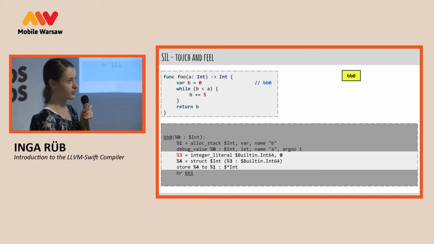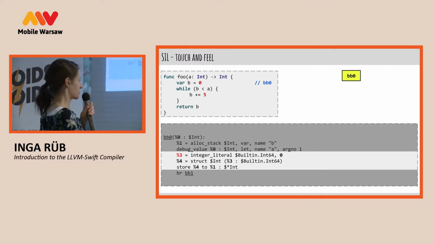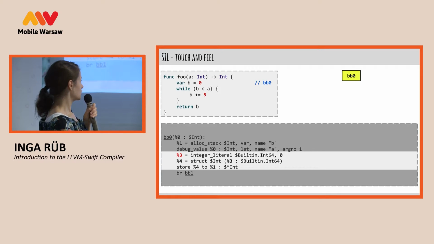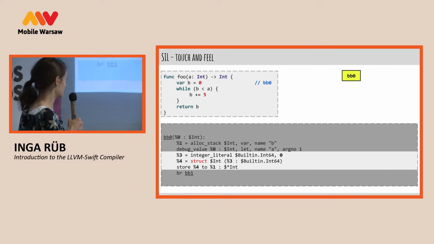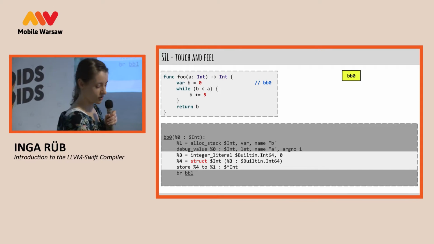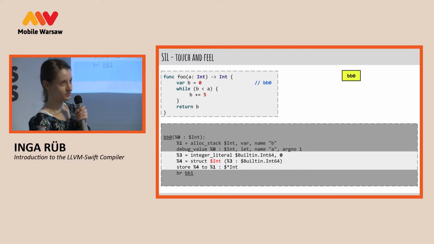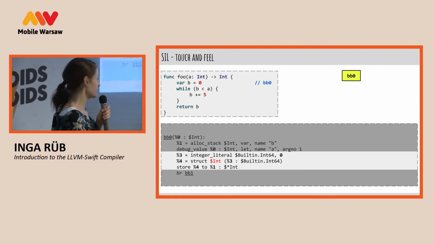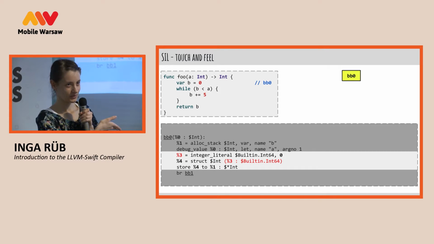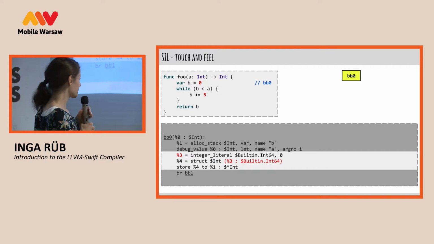And the variable number 3 stores the created integer value. And then we move on to the next line. And in this next line, what is the main instruction? It's struct. This instruction creates a structure. This is a structure of int type. So this comes from the Swift library, and the structure contains this row int64 type.